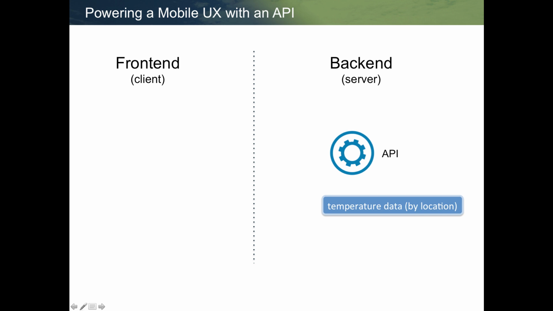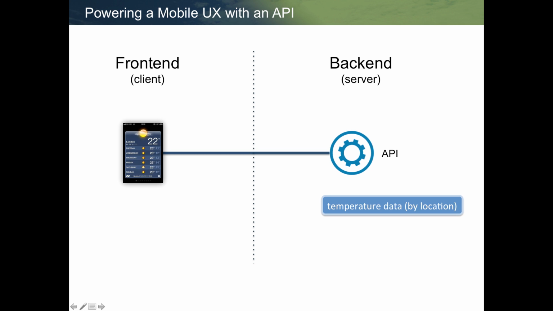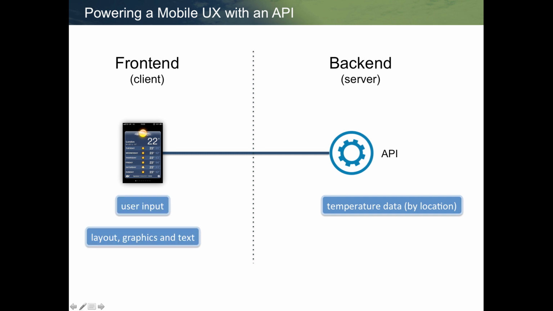So now I've reduced my development effort down to just creating APIs, making them nice and clean. And then it allows the front end to deal with what it's going to look like on the actual device. So if it's an iPad or an iPhone or Android, they can lay out the text and graphics and give the user input. Not much has changed. The actual mobile app looks very similar, but now it's making an API call.